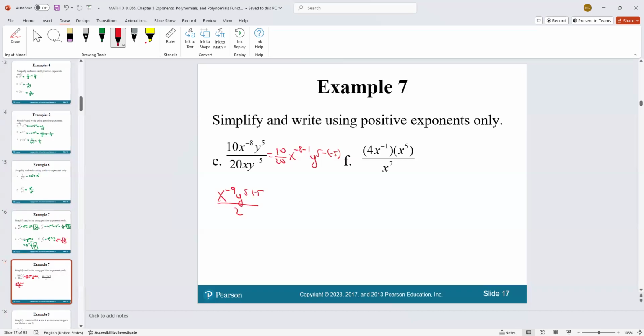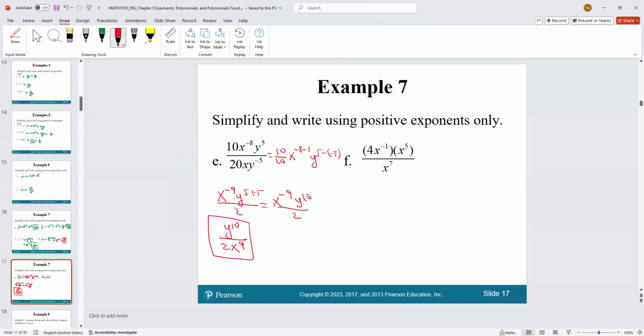Remember, because 10 divided by 20 is 1/2. Now we have x power negative 9, y 10 over 2. The exponent should never be negative. So what we do, we jump the x to the denominator and keep the y in the numerator. Voila.